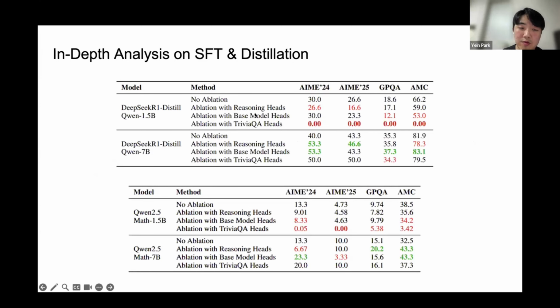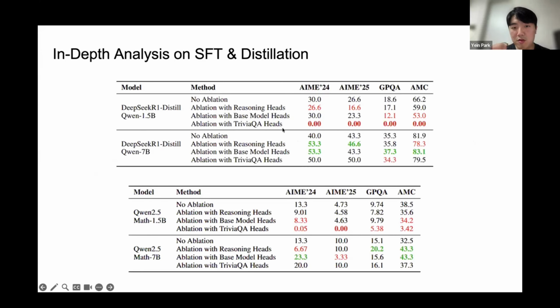Like you can see the very different ablation types. And here, like the DeepSeek R1 Distill Qwen 1.5B, the ablation of reasoning heads degraded the performance of these models. But some base model heads can also degrade the performance, though the overall drop is largely effective with reasoning heads.